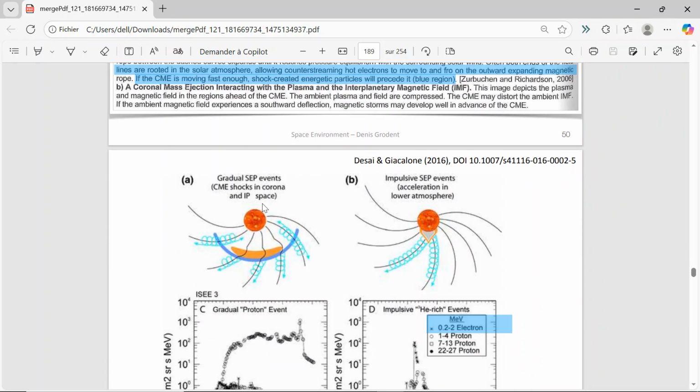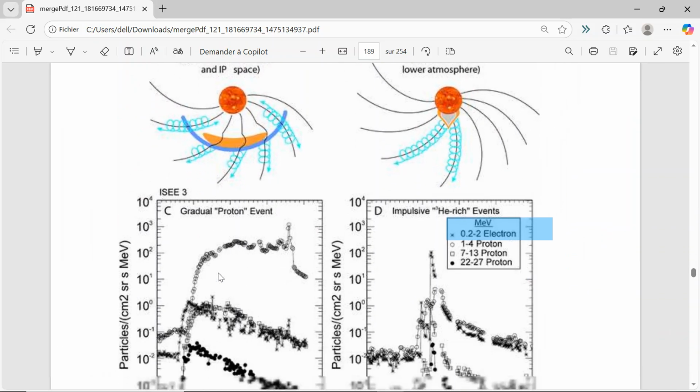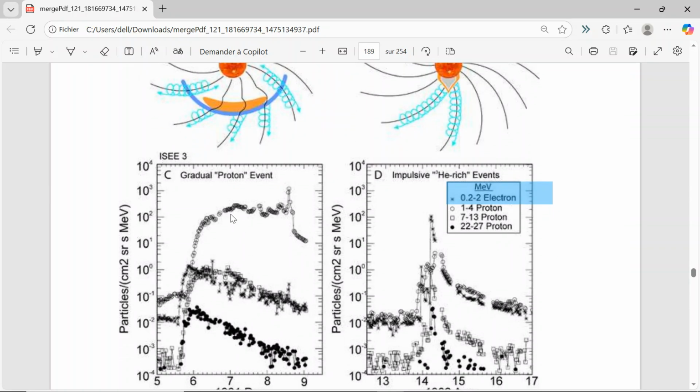All right. So the CME shocks, with the particles associated to them, are going into interplanetary space. Here, it looks like it follows the particle spiral, but they say that it does not. Now we'll talk about the content of the particles that compose this shock.